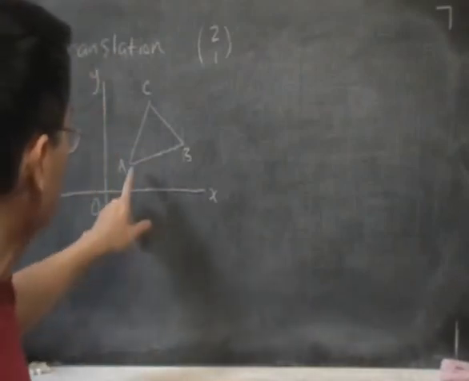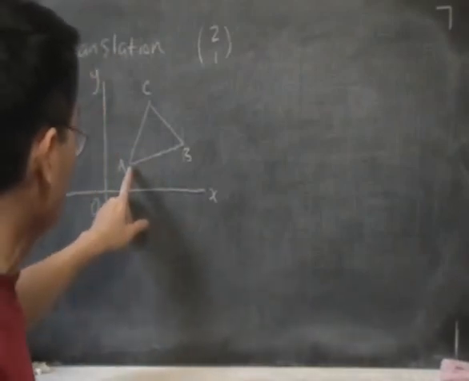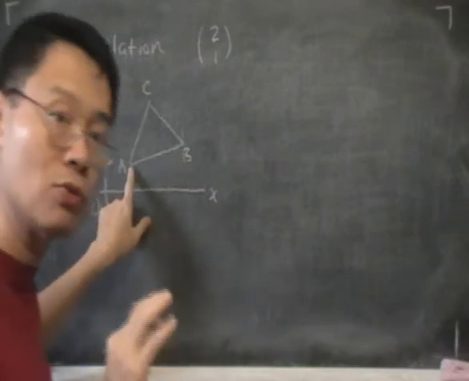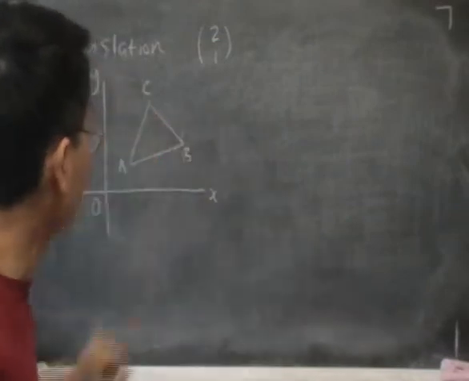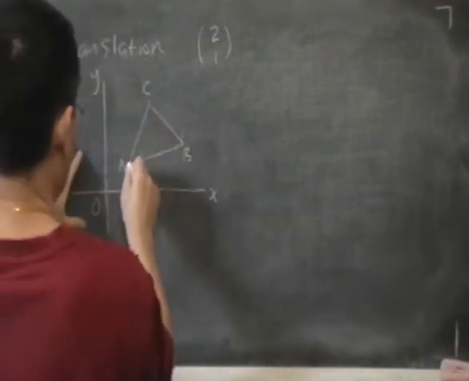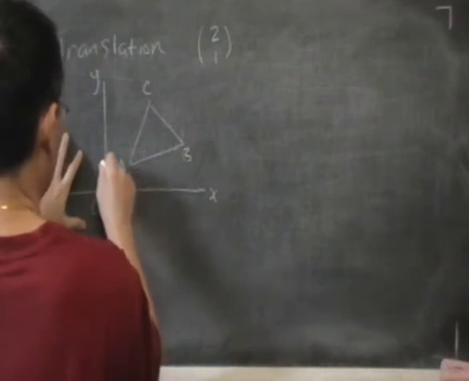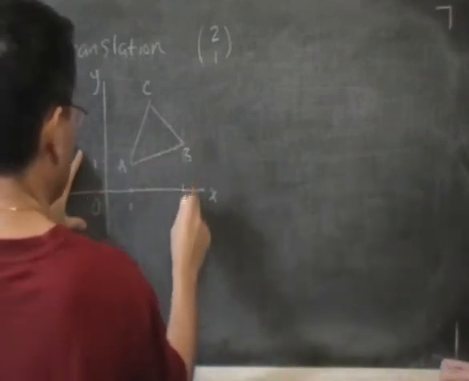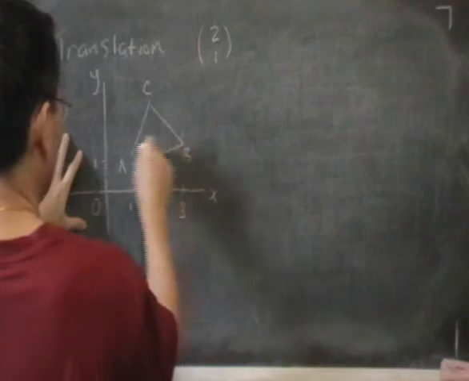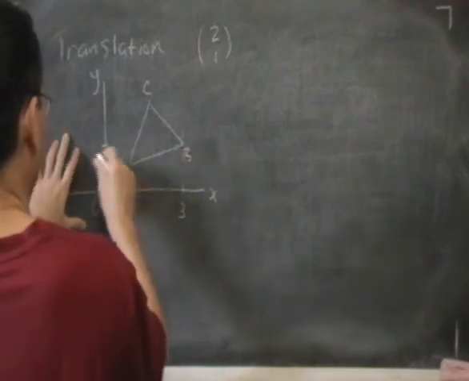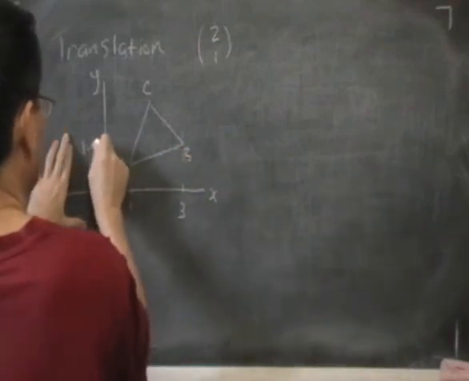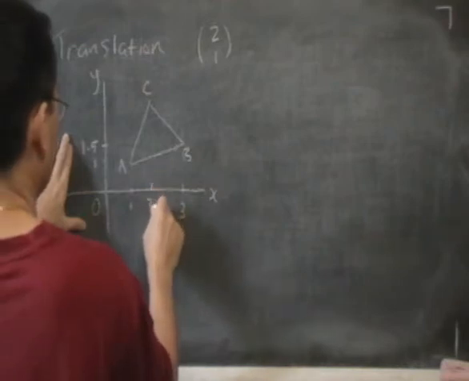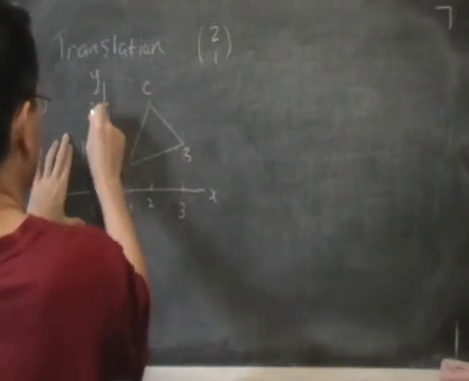The way is to find out the coordinates, the x and y values, of each point. So let's say this point A is 1 and 1, point B is 3 and say 1.5, point C is 2 and 3.